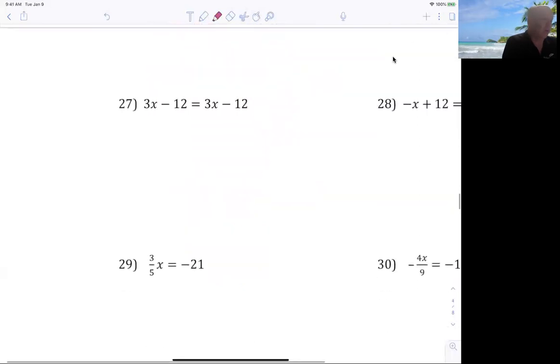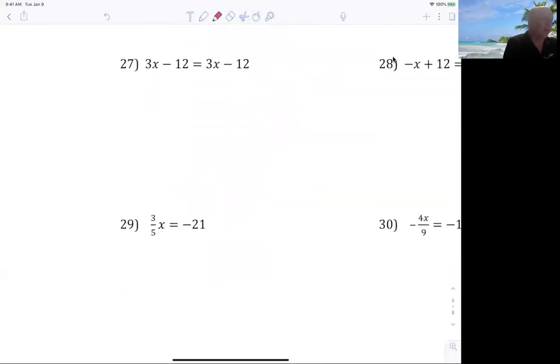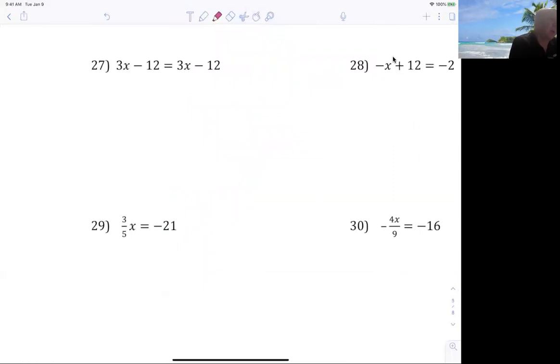Okay, let's go to 27. Now I need everybody to highlight 27, please. This is a special case. We're going to talk about 2 special cases now. When you look at this, I want you to see, when does 3x minus 12 equal 3x minus 12? Well, 3x minus 12 equals 3x minus 12. That is called an identity.